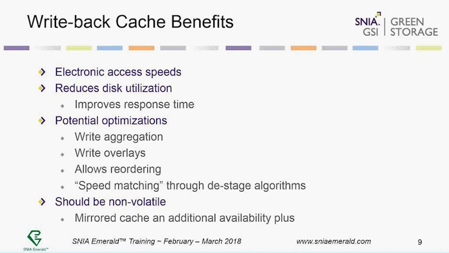And again, we talked about these being non-volatile, in that any time you've got an acknowledged write that is visible to application space, it should be on non-volatile storage. We'll talk about non-volatile storage in one of the other presentations down the road. Questions?